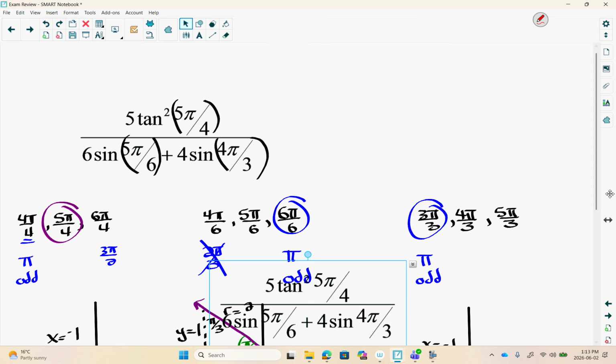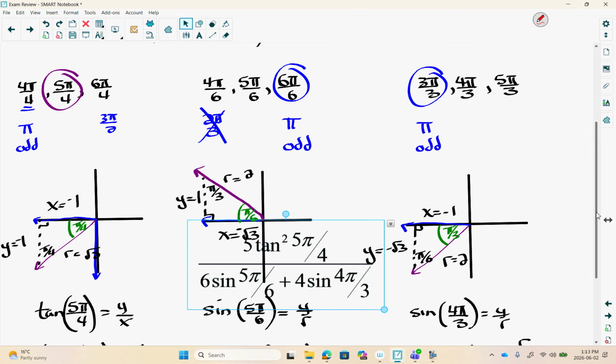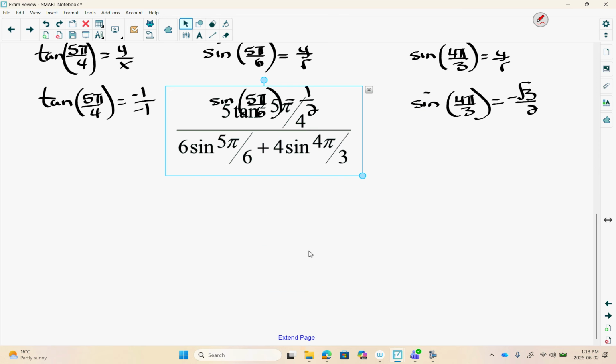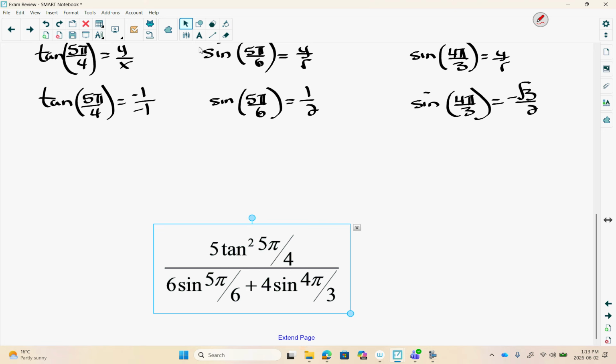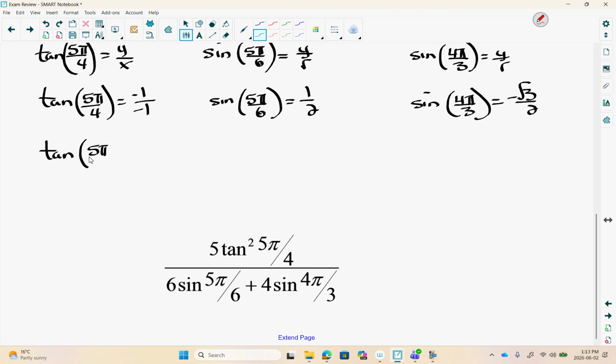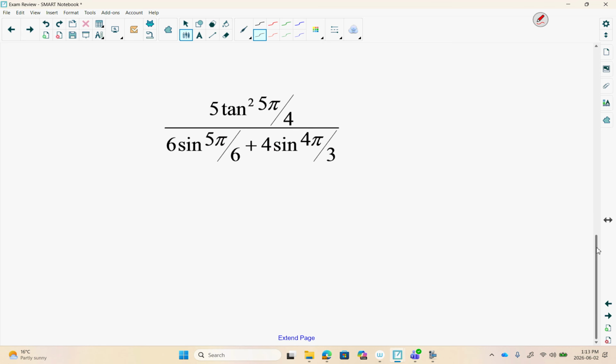I'm going to slide this down, and I'm going to show you how it all fits together. So negative 1 divided by negative 1, we know that to be a positive 1. Here's what I'm going to do.